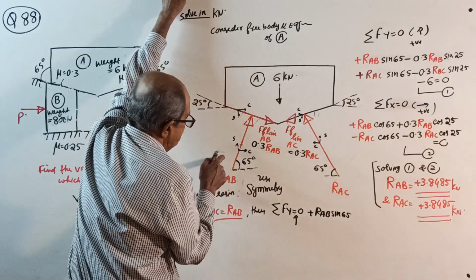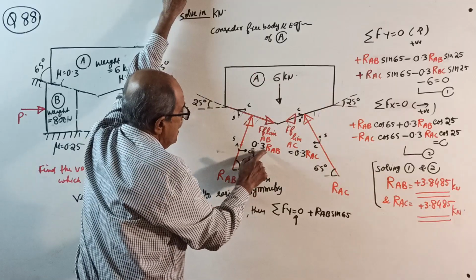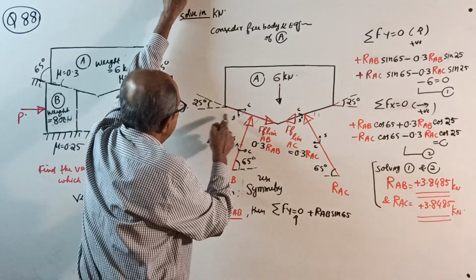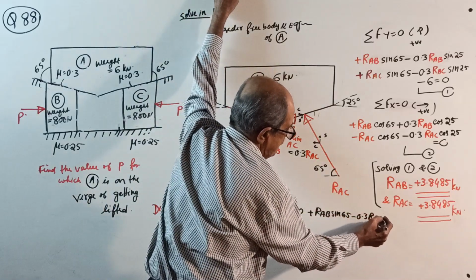Then here, minus 0.3 RAB sin 25. I am not using red color, okay.